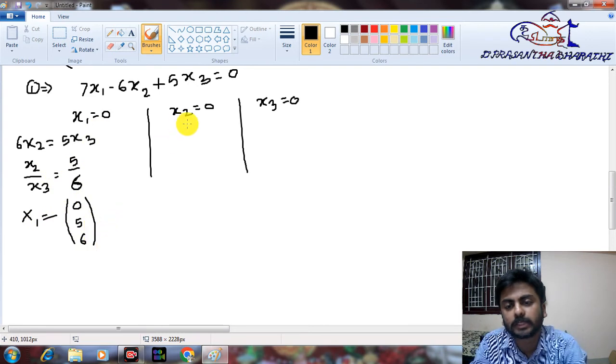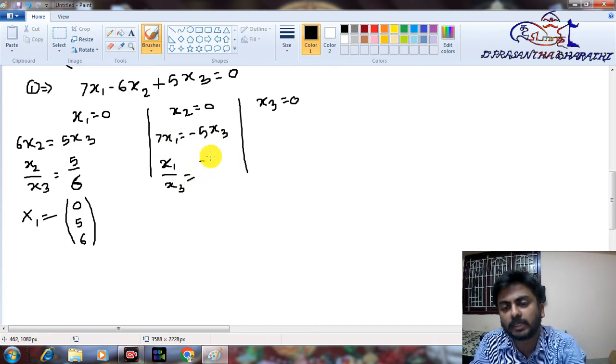And now when substituting x2 equal to 0, we get 7x1 equal to minus 5x3. So x1 by x3 equal to minus 5 by 7.